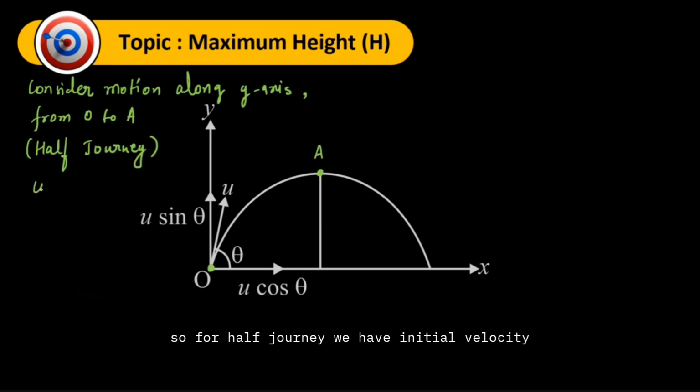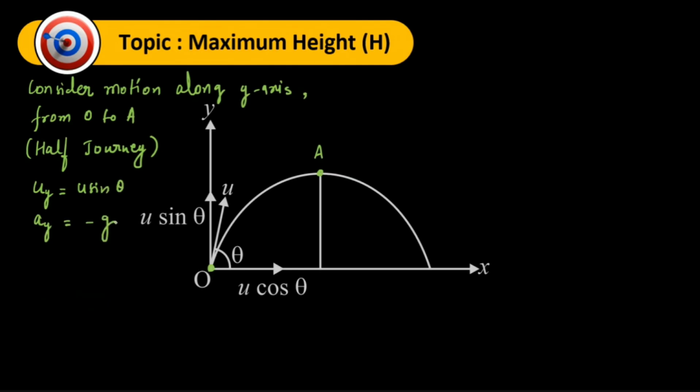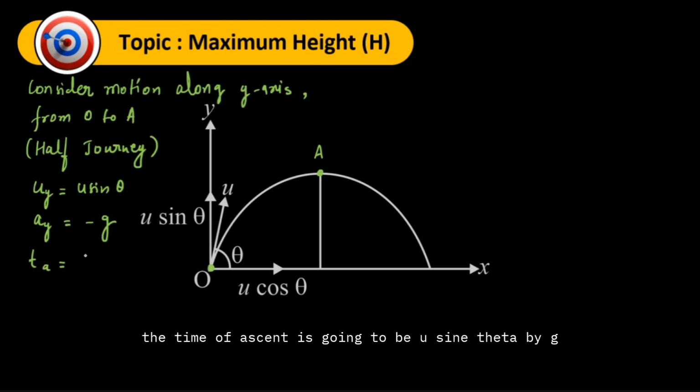For half journey, we have initial velocity along y-axis as u sine theta. We have acceleration along y-axis, that is negative of g. And we also have time, because here the particle is going up. So the time of ascent is going to be u sine theta by g.